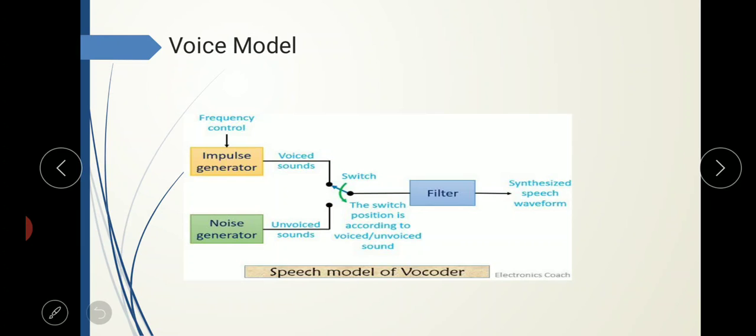As speech contains a sequence of voiced and unvoiced sound. So, what is that voiced and unvoiced sound? Voiced sounds are the sounds generated by vibrations of the vocal cord, and the unvoiced sounds are generated by expelling air through lips and teeth.